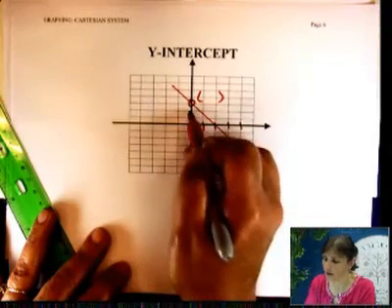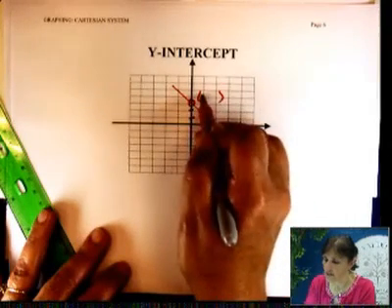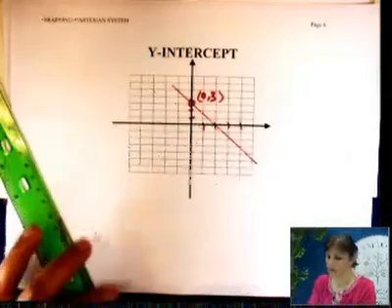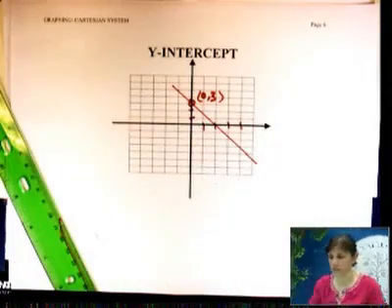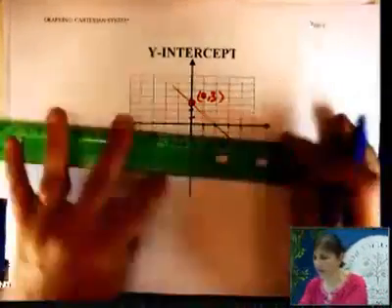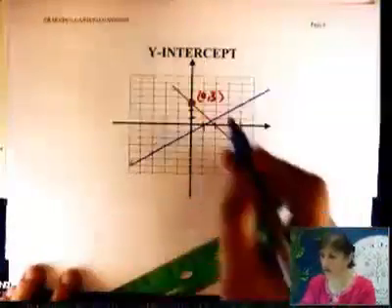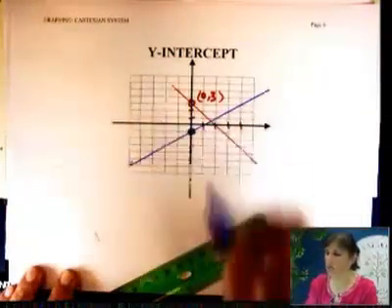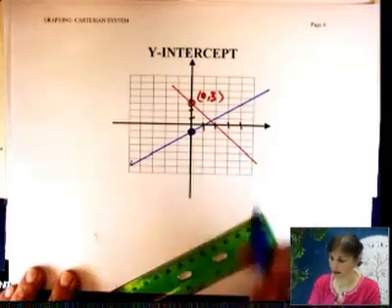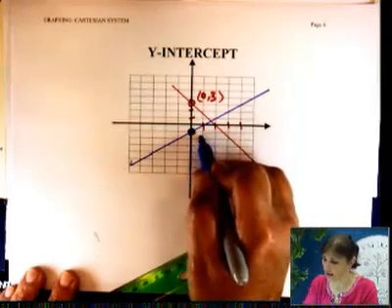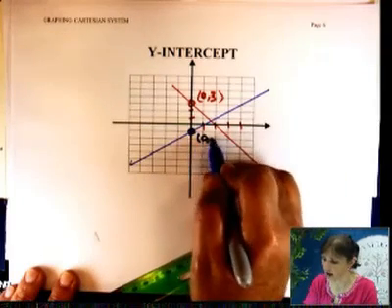So the coordinate 1, 2, 3 is 0, 3. Let's do another one. Doesn't matter what it is. Here you go. Again, here's your y-intercept where it cuts the y-axis. And this one has the coordinates 0, -1.